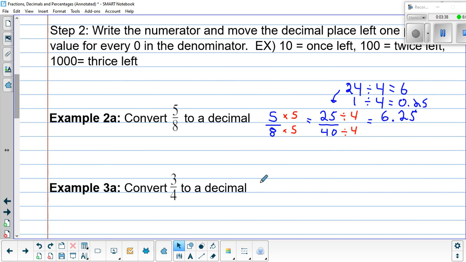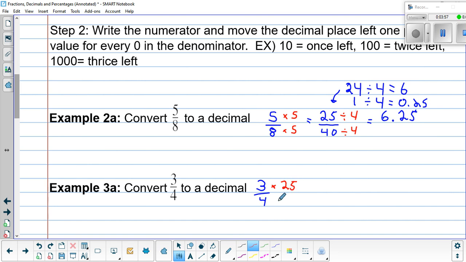Lastly, 3/4. Sometimes what you have to times by is actually quite big for the little trick. I wanted to show you that last example because you can use some of the trick to help you, but you might just choose to divide a question like that. But this one, nice and easy.